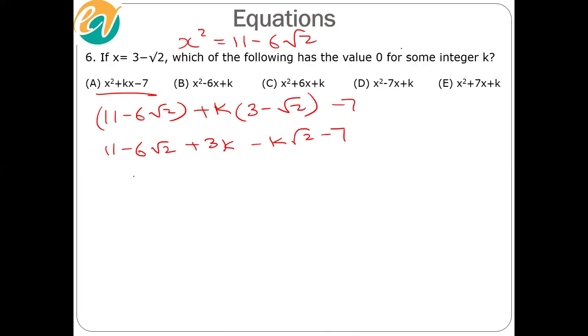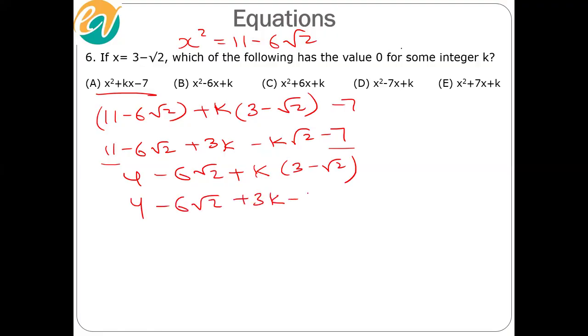How much is this then? 11 minus 7 is 4, minus 6 root 2 plus 3k minus k root 2.